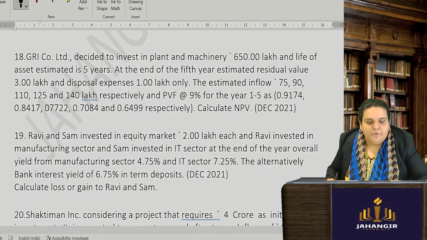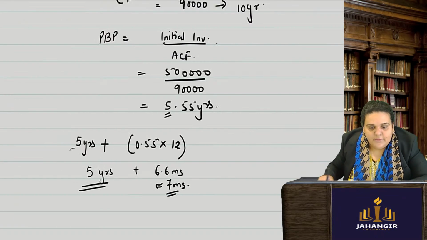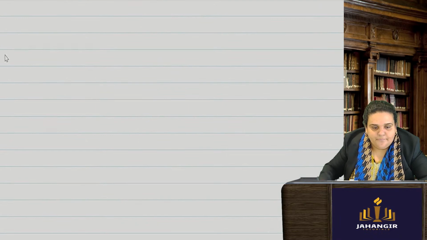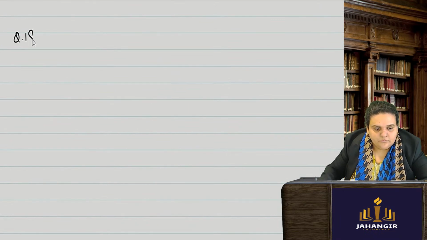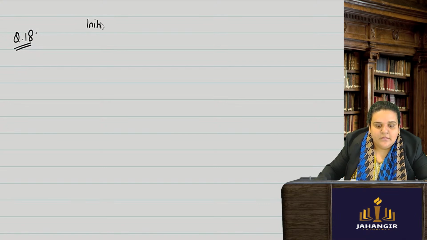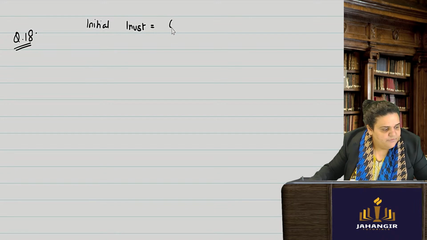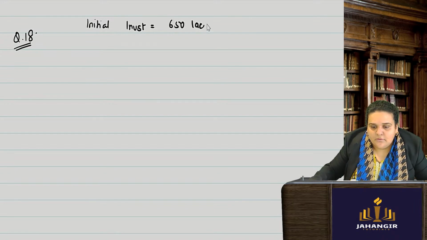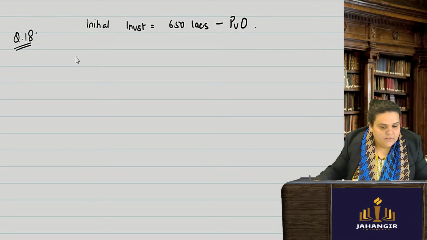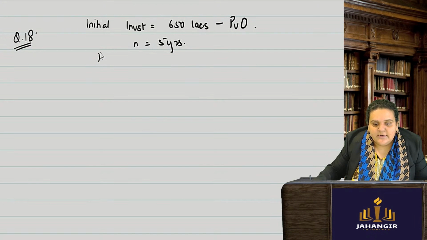We do not really need to put anything on the calculation. Okay, so your question number 18. I'm just writing the given. Initial investment is 650 lakhs. So that is my PV outflow. N is equal to 5 years. There is a residual value.